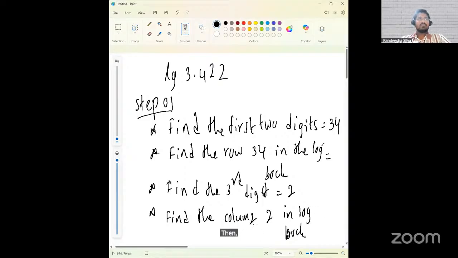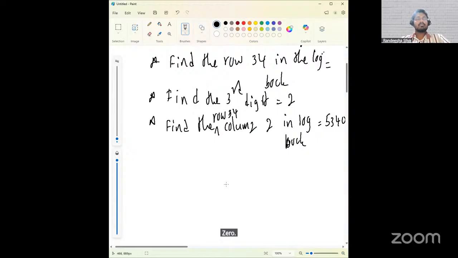Then find column 2 and also row 34. Row 34, column 2. 34 is here. What will be column 2 here? 2 is the 1, 2, 3, third column. Then the number will be 5340. So the number will be like that.